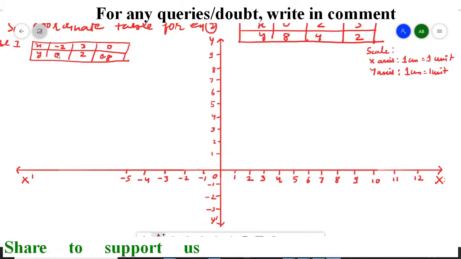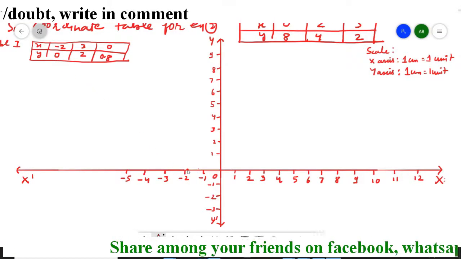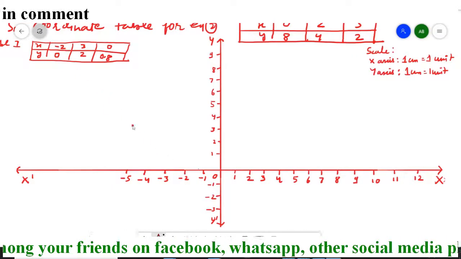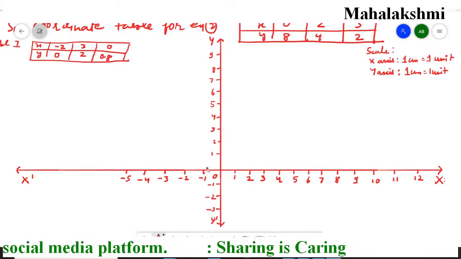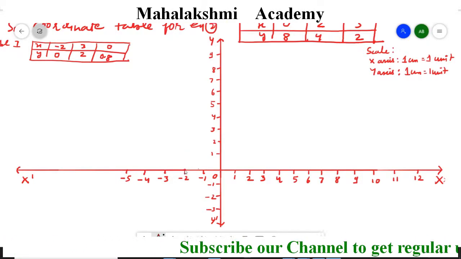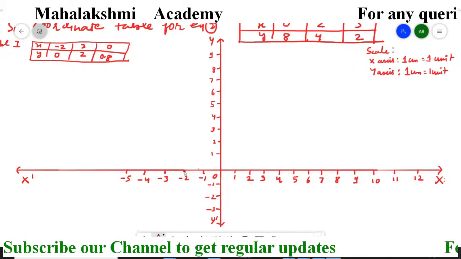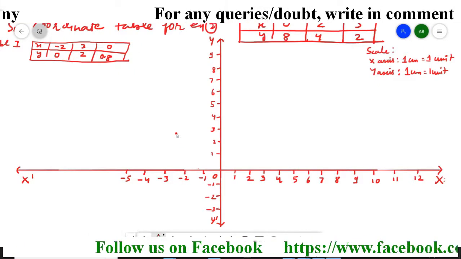So x is -2 and y is 0. So where is x -2? Here. First we have to move to the x coordinate, that is -2, and y is 0, which means you do not have to move above or down, you stay here only. So x is -2 and y is 0 is here. So we have to locate the point.